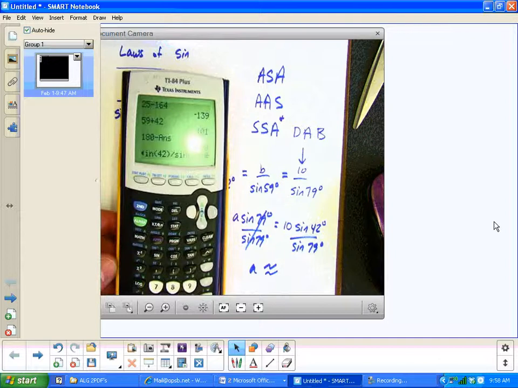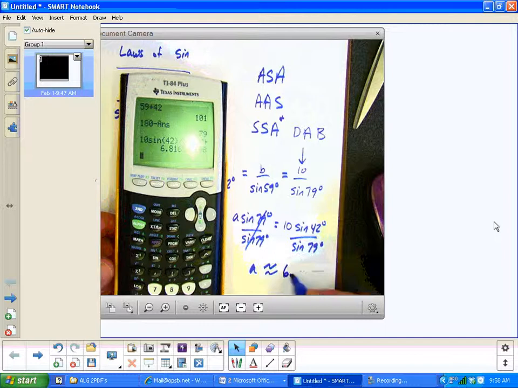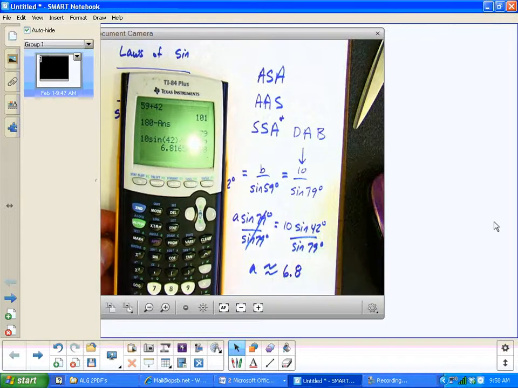Okay, so about 6.8. Let's just go to one decimal. Whatever your directions say is what you're going to round to. Probably they would say the tenths place.